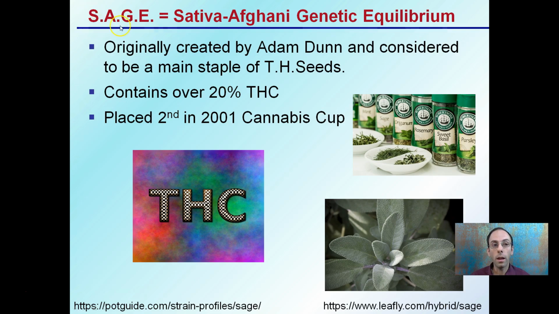Again, it's S.A.G.E, not sage as in the herb. It placed second in the 2001 Cannabis Cup, and more information is presented here. This is what the sage plant, relating to an herb, would look like. It's not too similar to the sage in the cannabis variety, but again, it's a different derivative of that name.